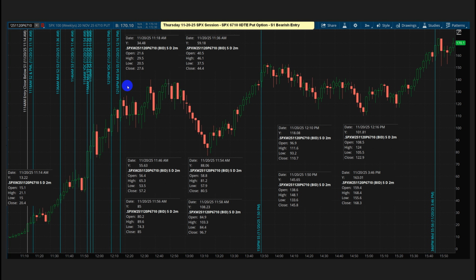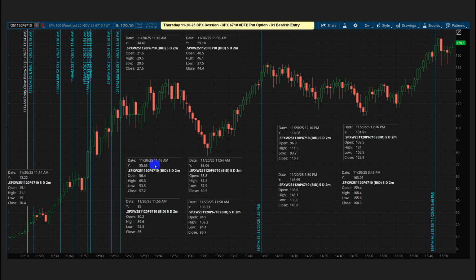Next we have the out of the money 67.10 on the S1 bearish play. Here's the 11:14 a.m. close as far as the entry. Then we have the scalp close here. Then the 11:36, this is the beginning of the 1.5 level move regular trade.